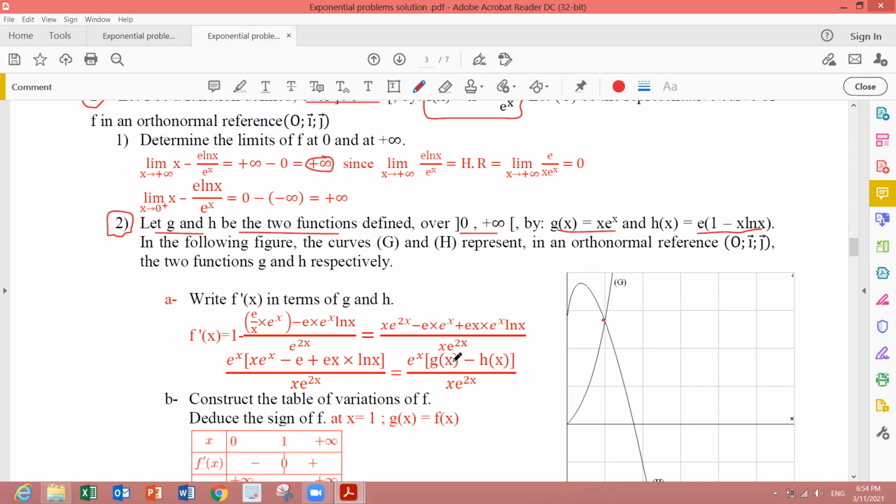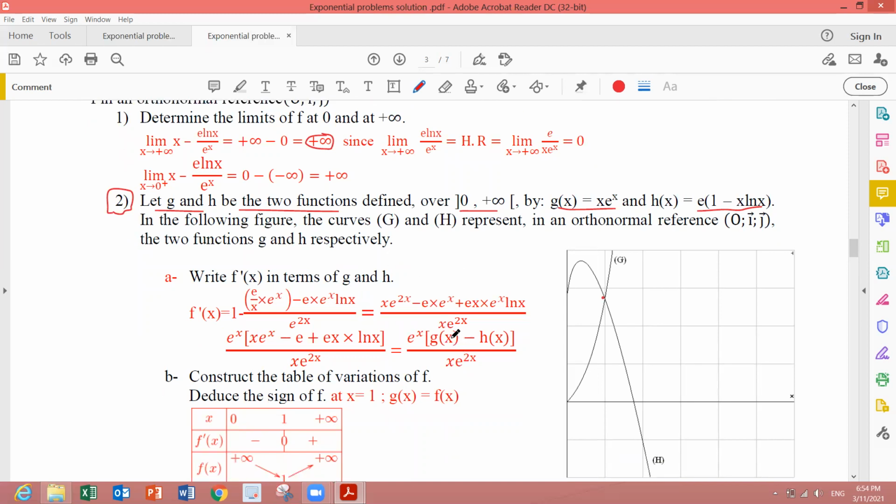F prime x equal to 0 means g x minus h x equal to 0, means g x equal h x. That means graphically x equal 1. Before 1, g is below h, so g x minus h x will be negative.